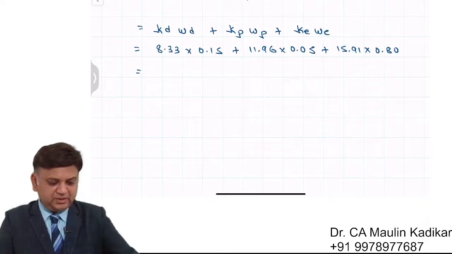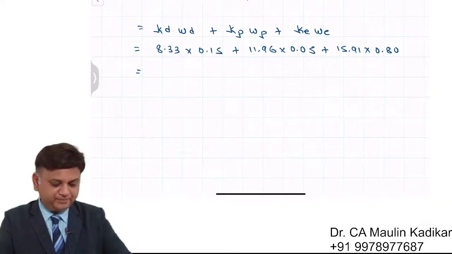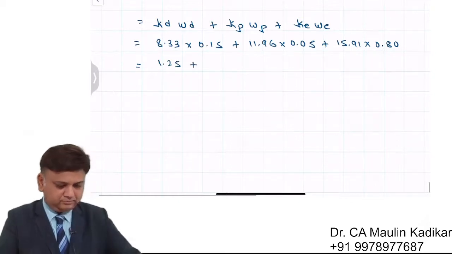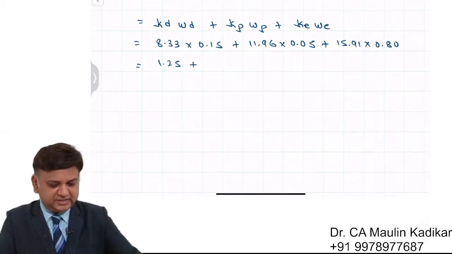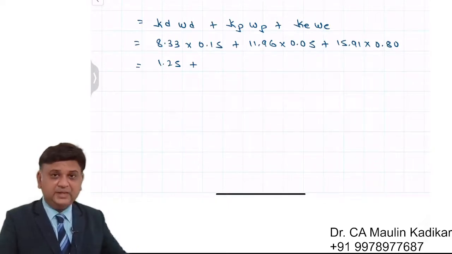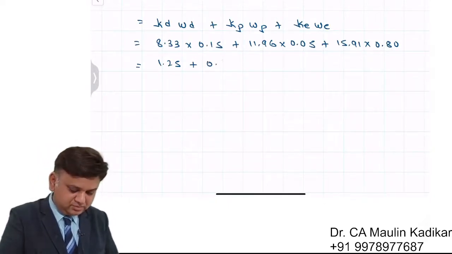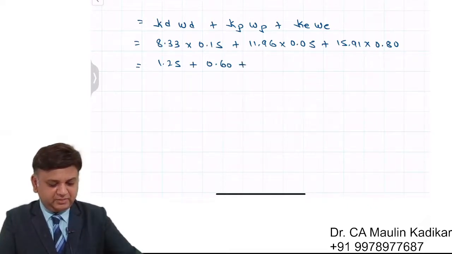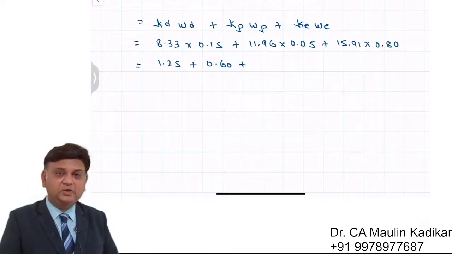So 8.33 into 0.15, that is 1.25. 11.96 into 0.05, that is 0.60, plus 15.91 into 0.8, that is 12.73.